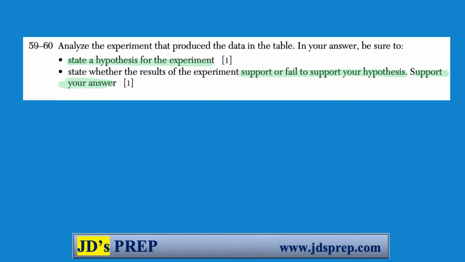There's a lot of different wordings for this question that would be acceptable. The really important thing they're looking at is that you know how to state a hypothesis for an experiment and then know how to support that hypothesis. So take the results of the experiment to see if they support your hypothesis or not, but for that analysis to be a follow-up of that hypothesis portion.